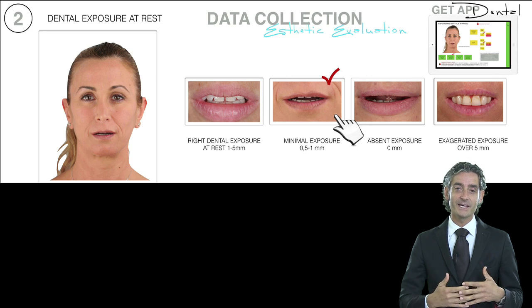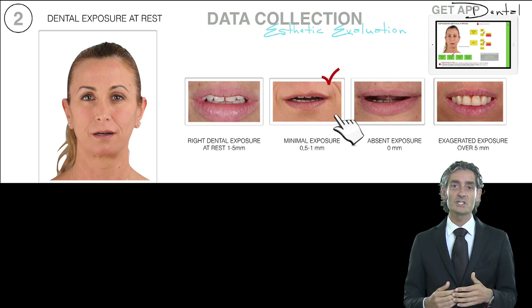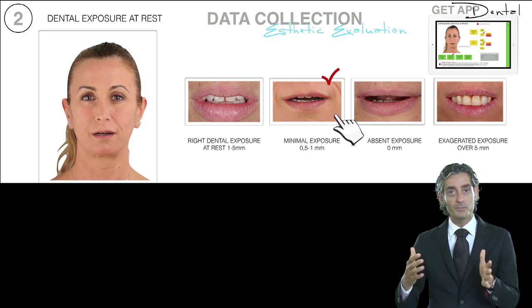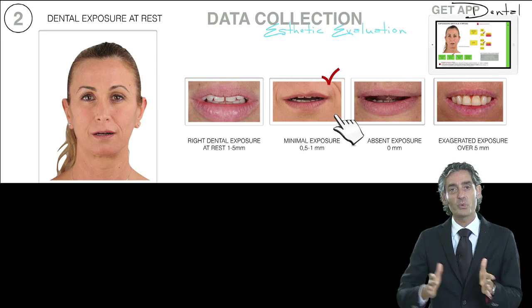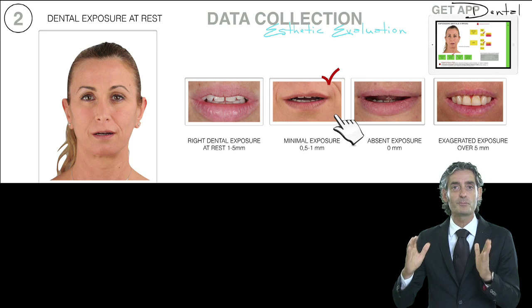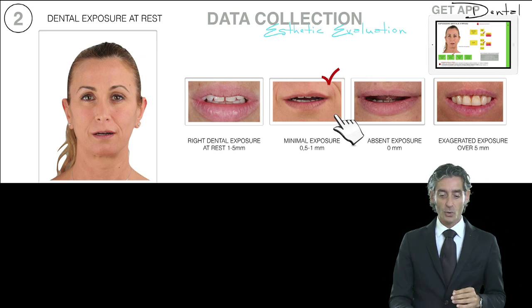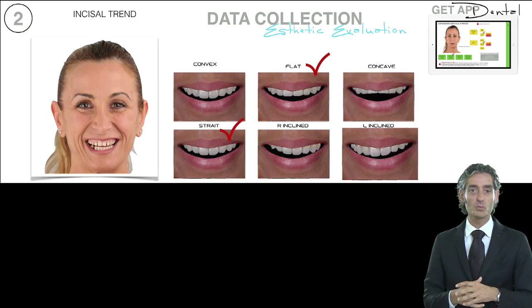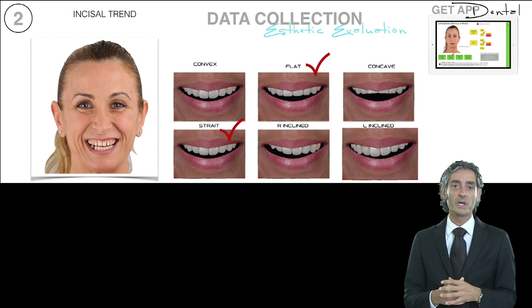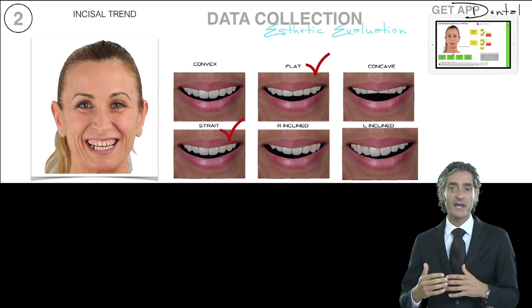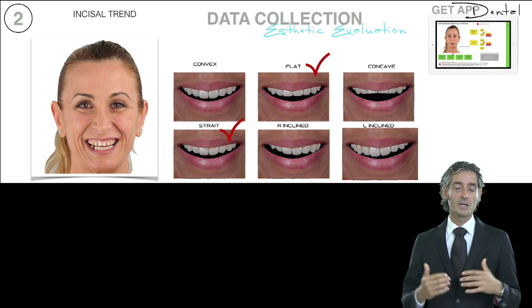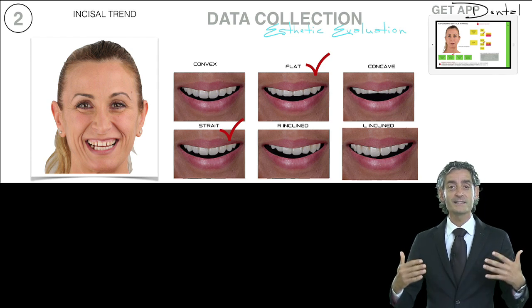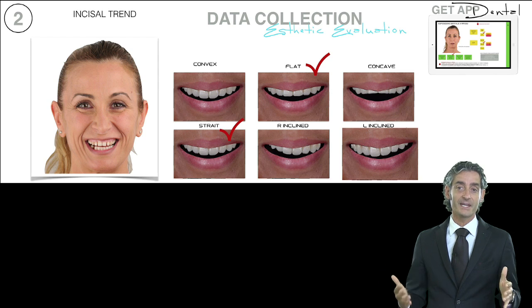It's an app that will give you the opportunity to evaluate the patient and then create an aesthetic analysis that can be shared with the technician in order to create the proper treatment plan. And always looking at this aspect, what is important for us is to evaluate the incisal trend, so if it's convex, flat or concave, and if there is any kind of inclination, because these are all the things that we want to correct if there is any kind of problem.